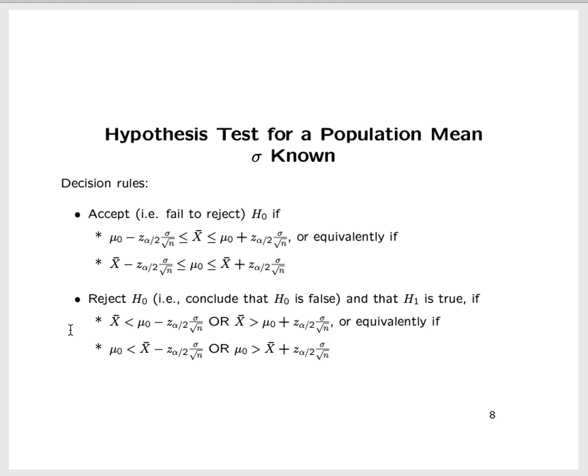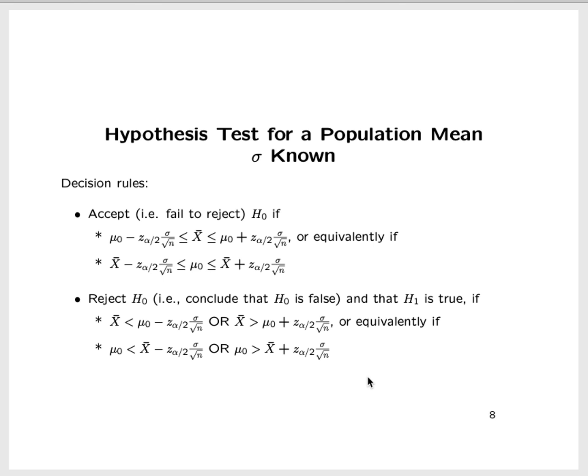Now, this can be restated in terms of mu naught. We would reject the null hypothesis if the hypothesized value mu naught is less than x bar minus z sub alpha over 2 times the standard error of x bar, or if it is greater than x bar plus z sub alpha over 2 times the standard error of x bar.